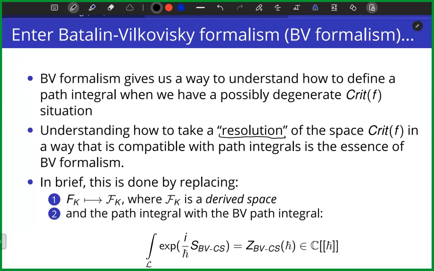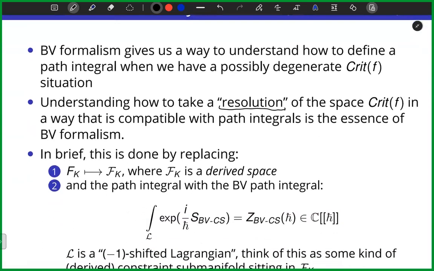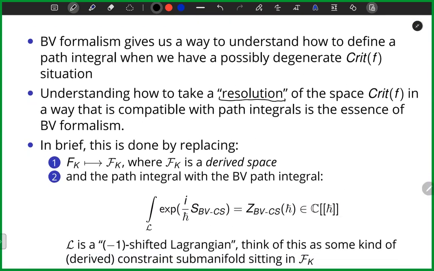Right, so we want to take derived resolutions of these spaces that are compatible with comparing path integrals. In brief, this is done by replacing our space of fields with the derived space of fields. You can think of this as parallel to a homological resolution.